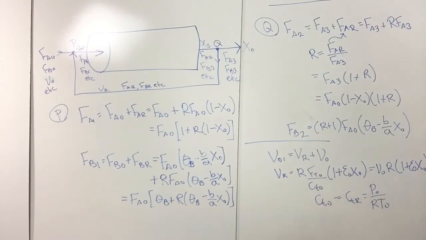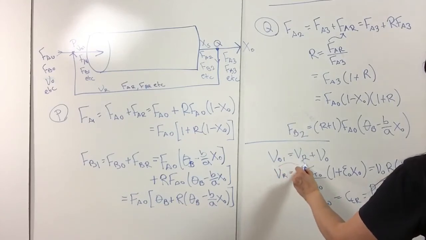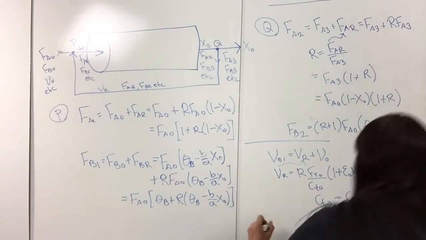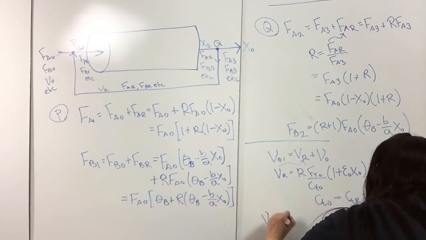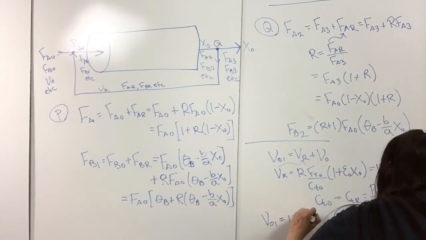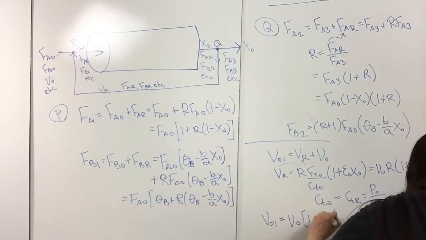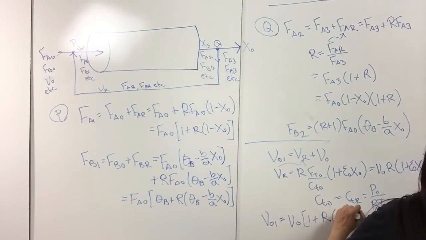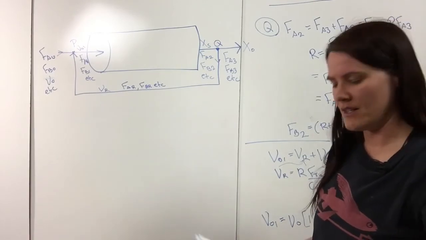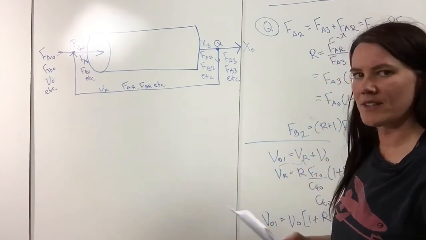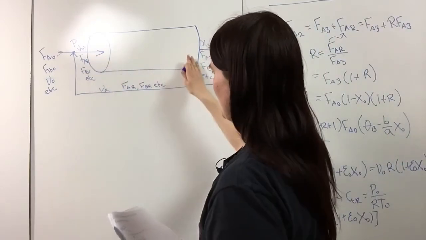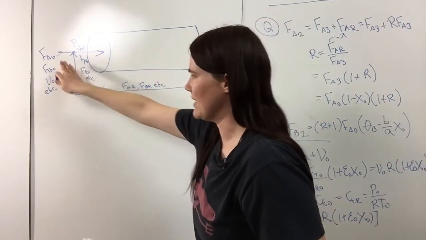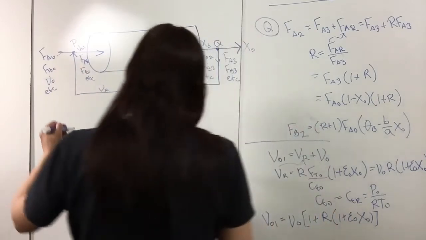So then if I plug this into here, I get that V naught 1 is equal to V naught 1 plus R 1 plus epsilon naught X naught. So you can relate the volumetric flow rate in the reactor to the volumetric flow rate entering the reactor. So V naught 1 in the reactor to V naught entering with the following relations.